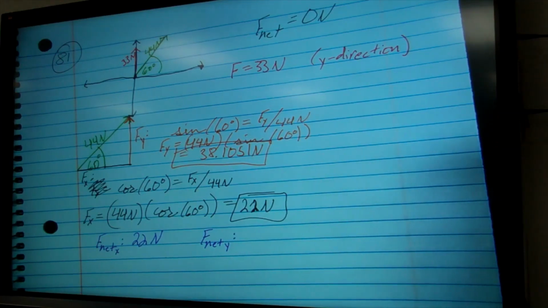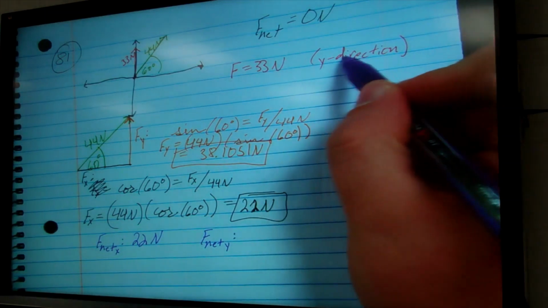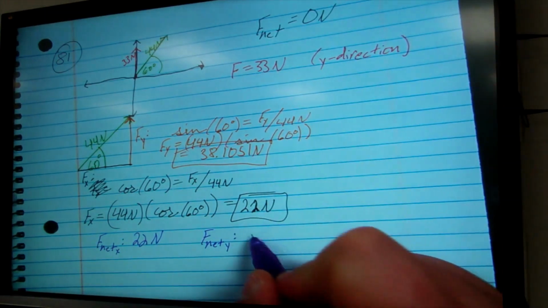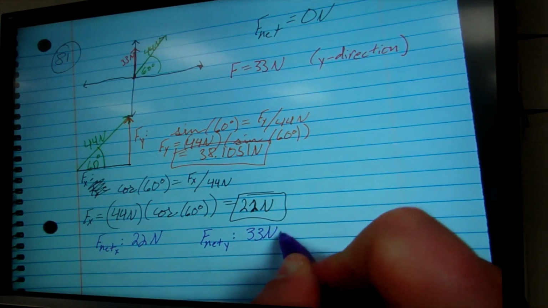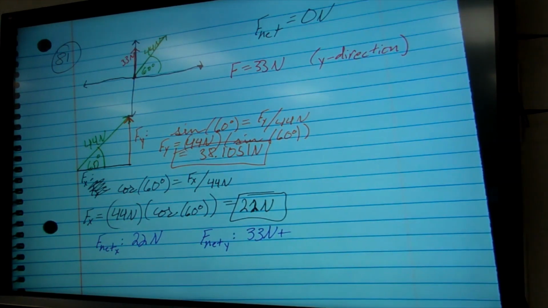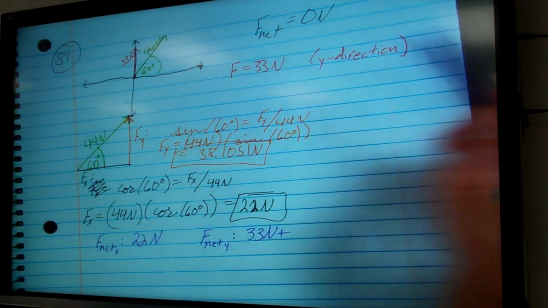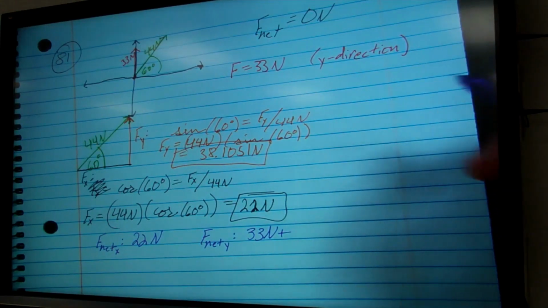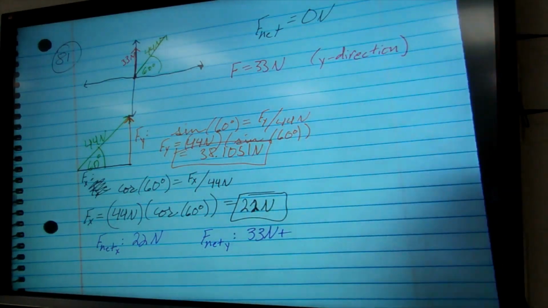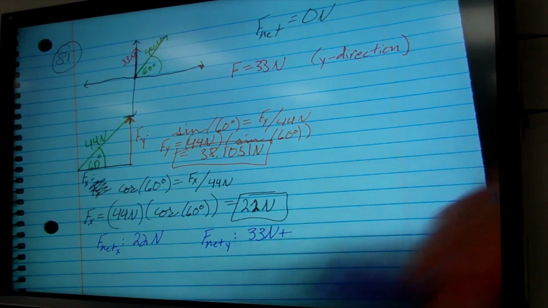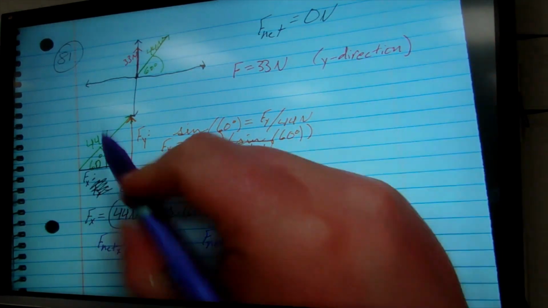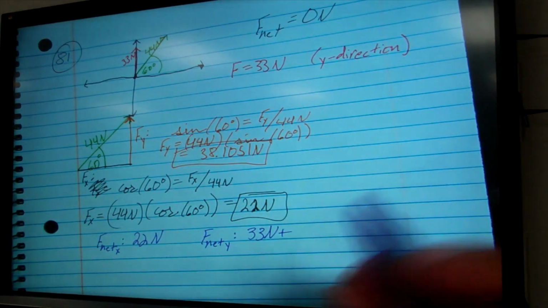By adding those two forces acting in the Y component direction. And remember, this 33 newtons force is acting in the Y direction. You have to take that 33 newtons into account. That's why I'm saying that's a separate force in red. This is why I use the different color pens. So that 33 newtons plus this force coming from force 2 in the Y direction, we have to add together.